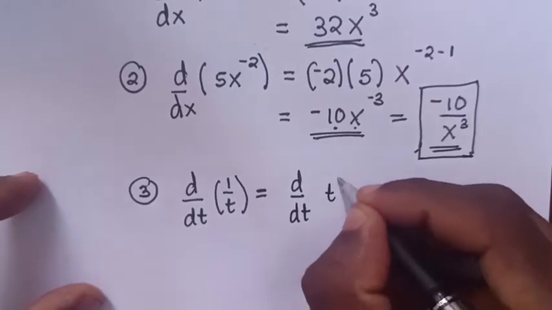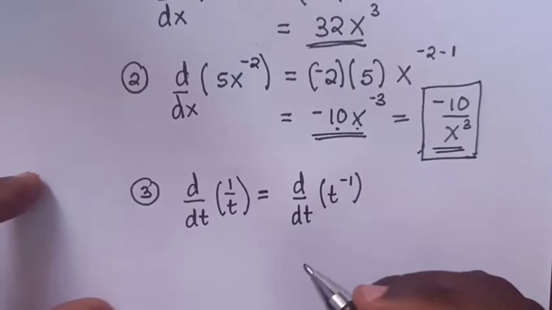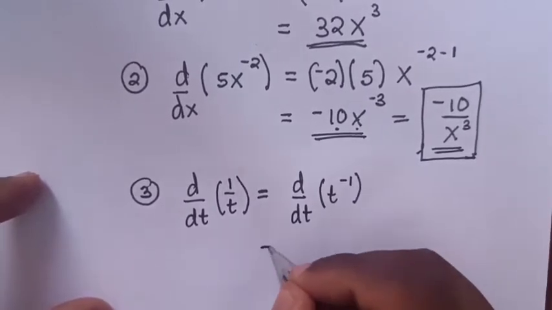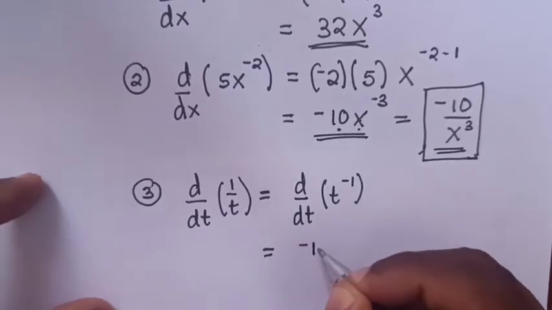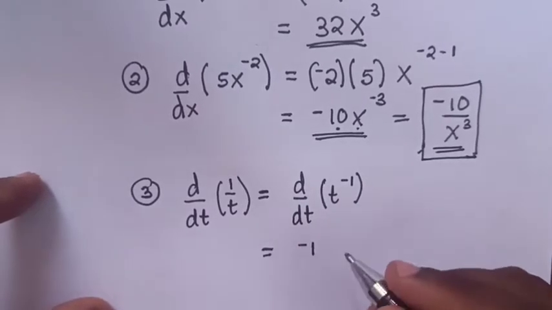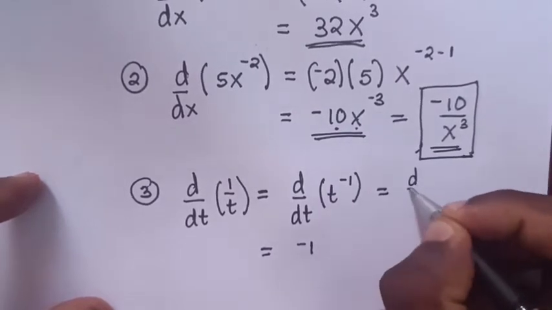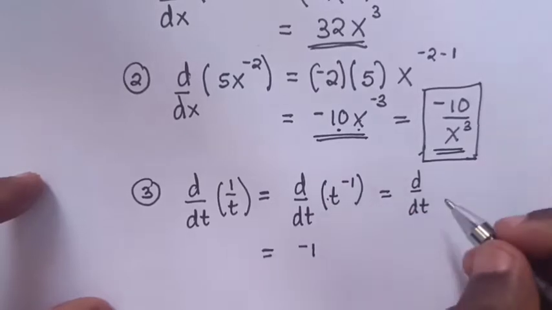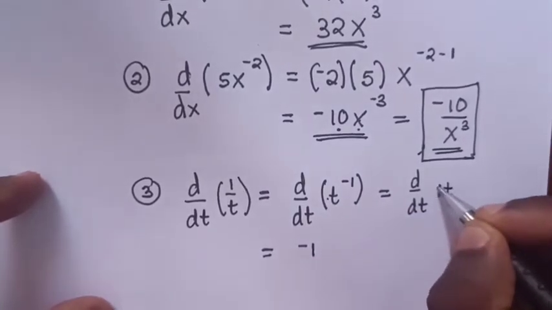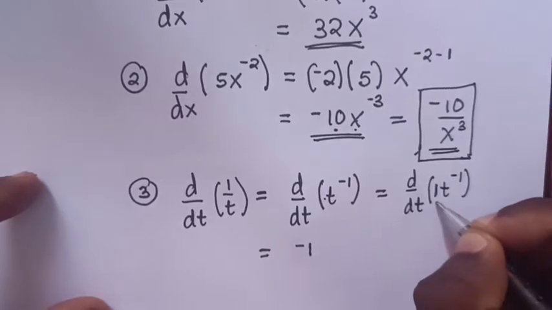It will be the derivative of t to the power of negative 1 with respect to t, and this is in the form of an exponent, with a constant of exponent and a constant of coefficient. So it will be 1 t^-1.